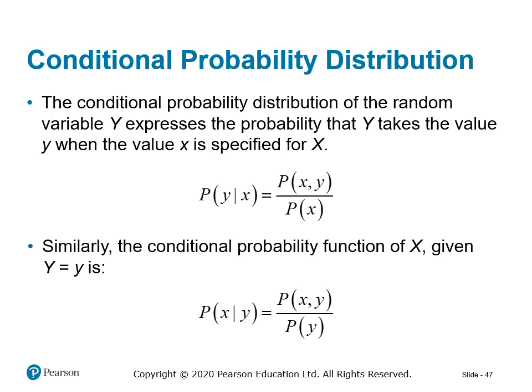So the probability of y given x is going to be the joint probability of little x and little y over the probability of little x. Similarly, the conditional probability of big X given y equals little y is the joint probability of little x and little y over the probability of little y.